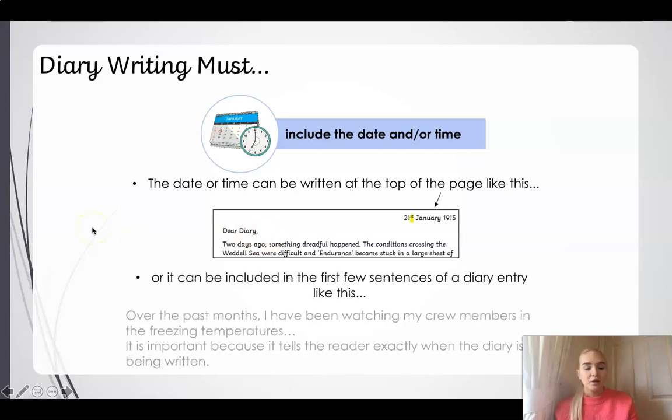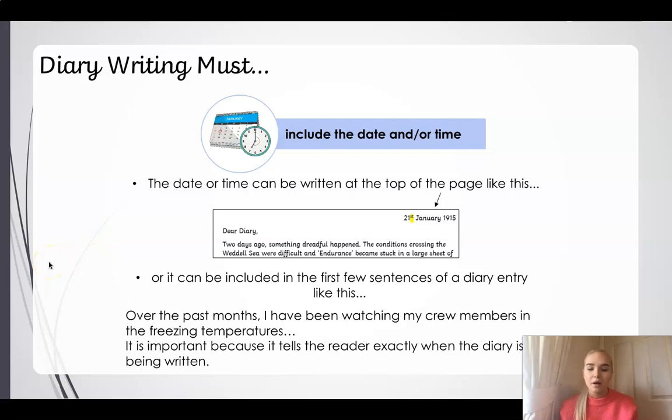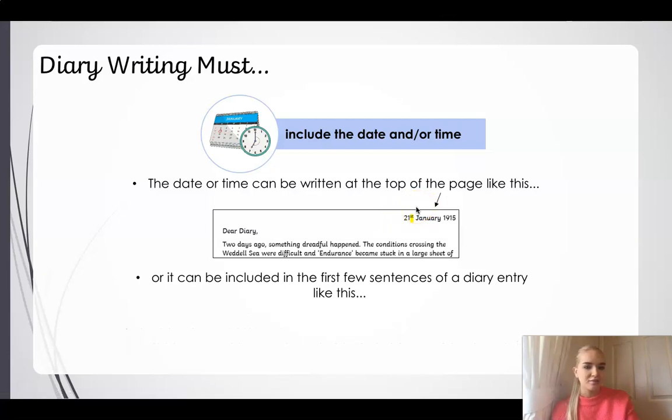Or it could be included in the first few sentences by saying, over the past few months, I've been watching my crew members in the freezing temperatures. It's important because it tells the reader exactly when the diary is being written. So it's saying over the past few months, but mostly the diaries will have a date written at the right hand of the page at the top. So we need to be looking out for that as well.